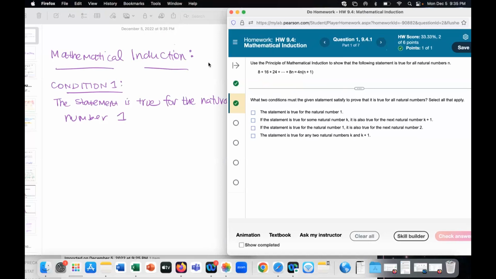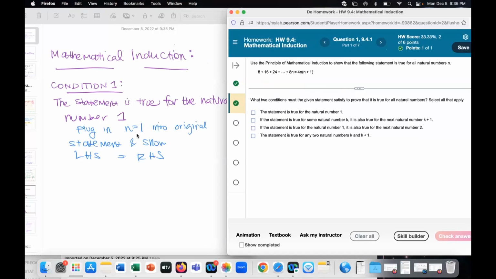And that's the first condition that we have to verify. So it's going to catch up here in just a second. Oh, there we go.